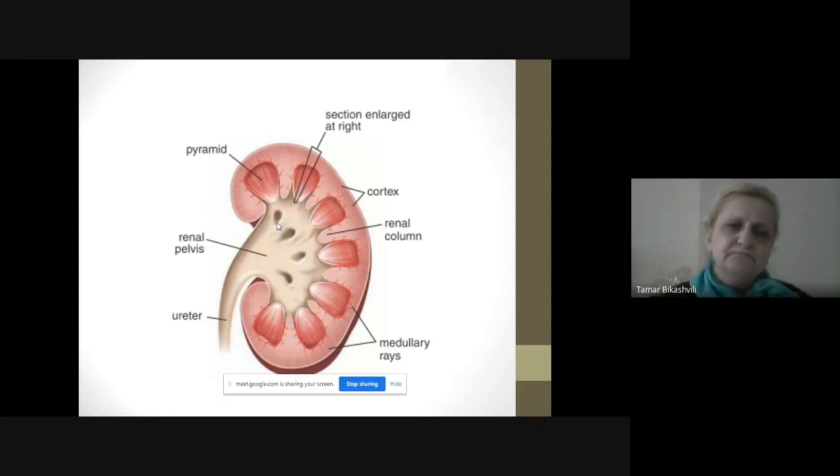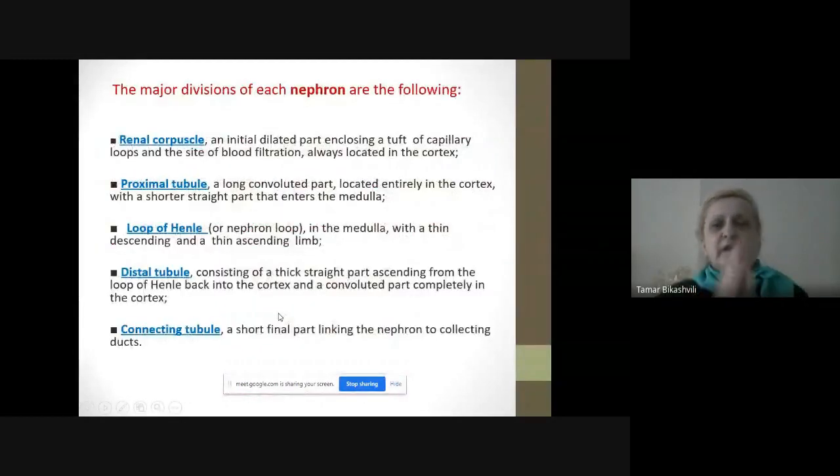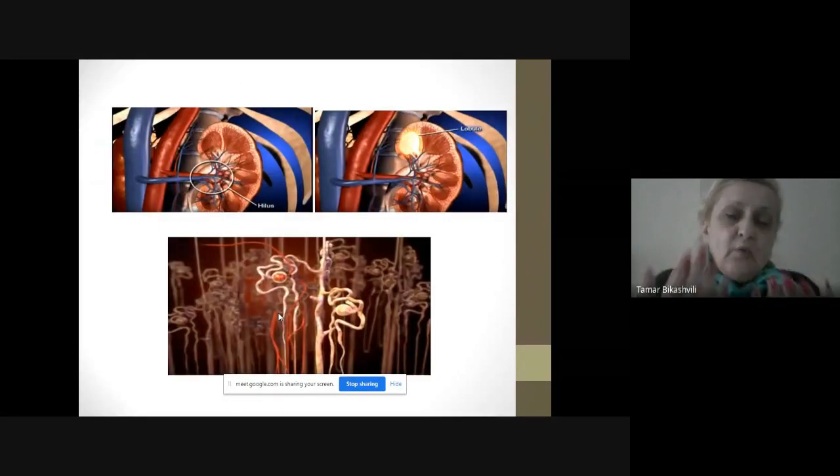Okay, so here you can see the cortex with the glomeruli, and these are the tubular structures from the medulla. And now this part. So what is the structural unit of the kidney? The nephron.